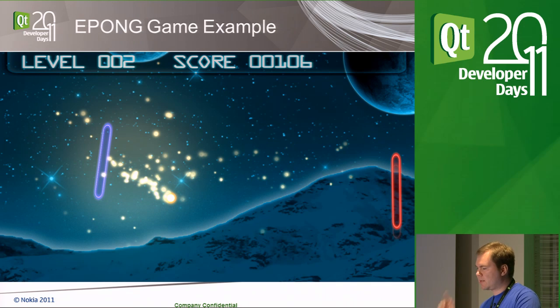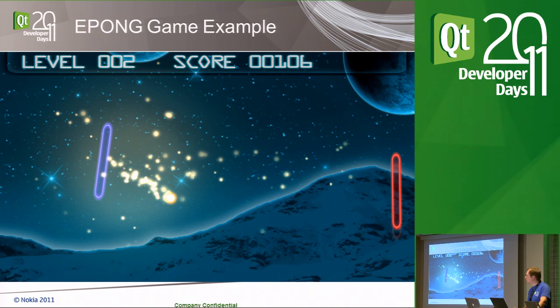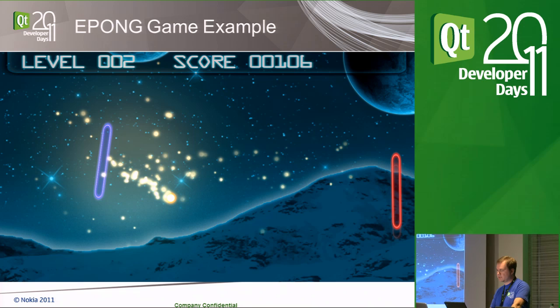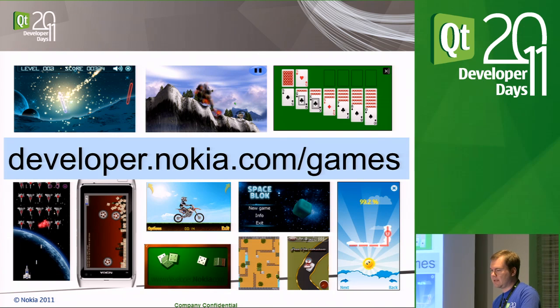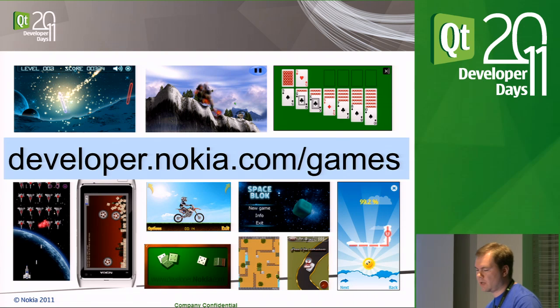Then we will show at the end of this demo one developer.nokia.com example, EPONG. I will show it later. But just to mention that we are creating these kind of examples for developers like you, and all the source codes are available for these examples. And this is now finishing my part of the talk, and this is the only link you need to know.